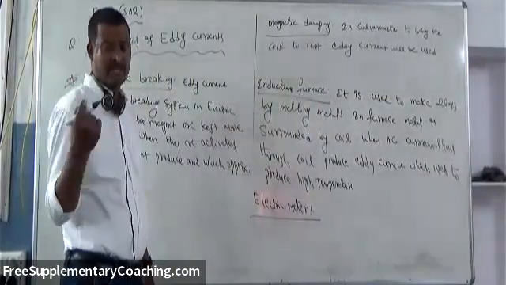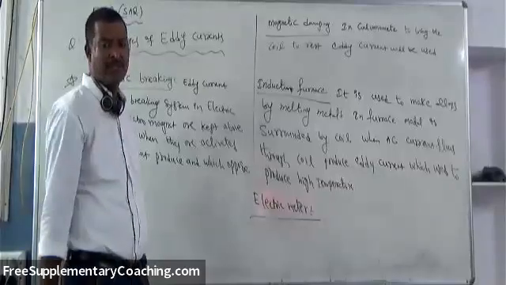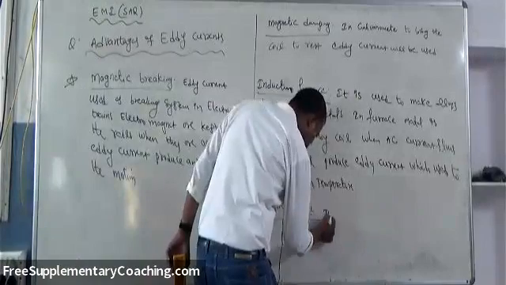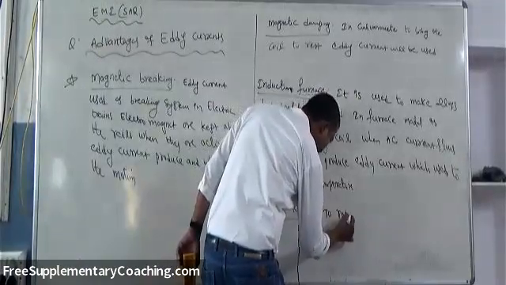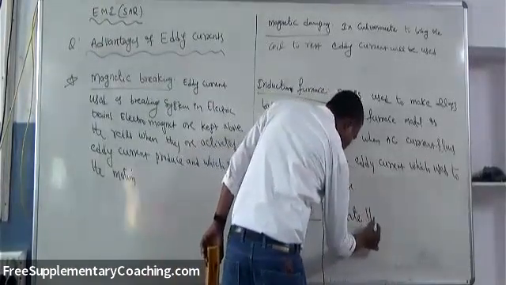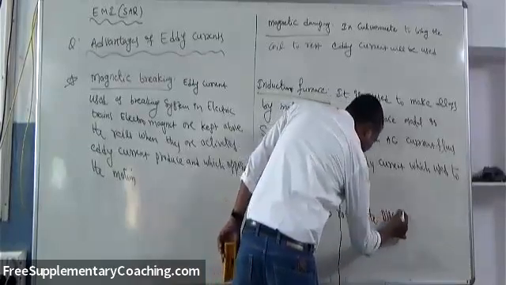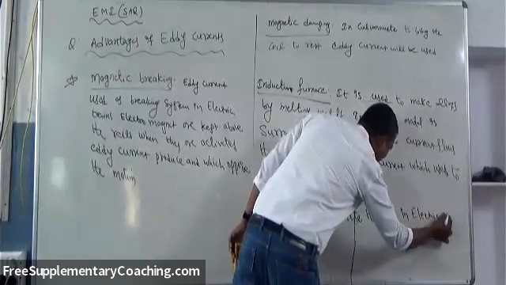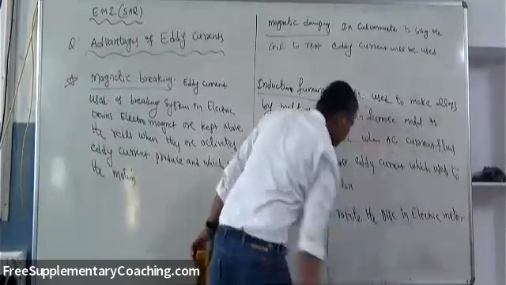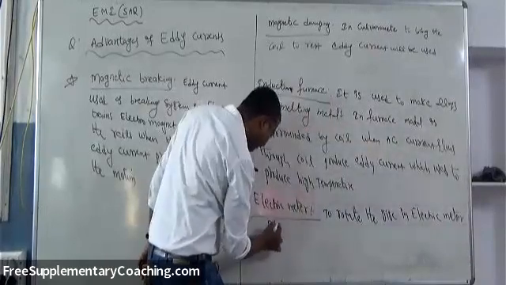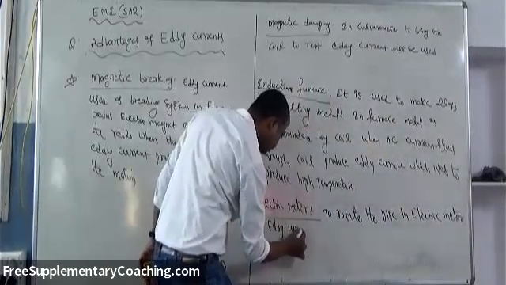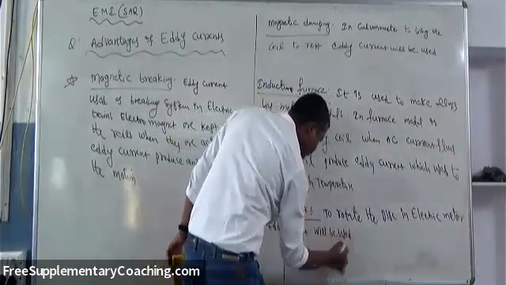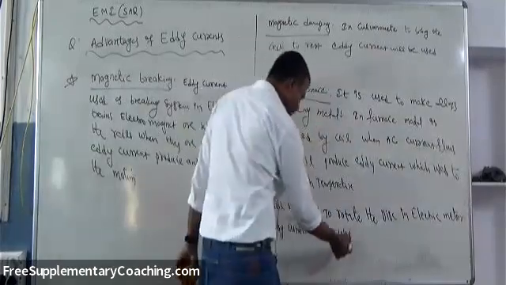Generally, to rotate the disc in an electric meter, the eddy current concept is used.